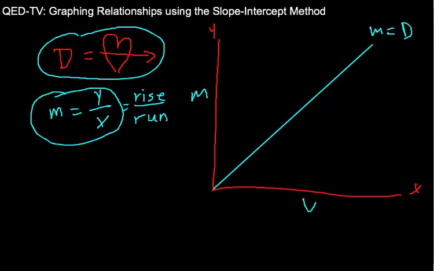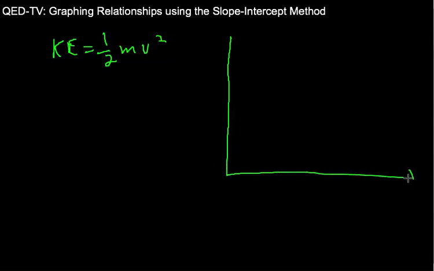Let's do another one. Let's use this time the kinetic energy equation. I don't know if you remember that or not, but KE equals 1/2 mv squared. And I want to know what would I graph on the y and what would I graph on the x. Here's my y and here's my x.